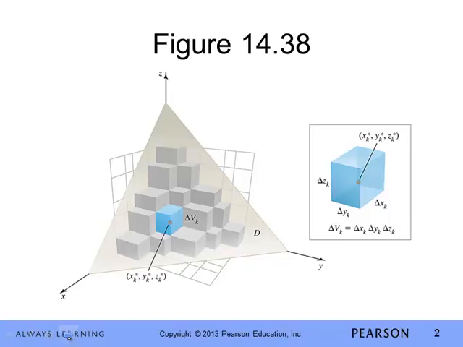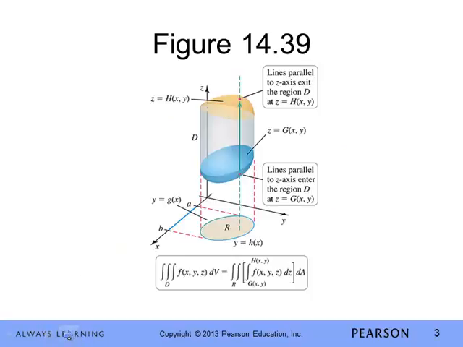It could be dy, dx, dz, or dz, dy, dx, or whatever. So your little tiny differential element in three dimensions is what we call the dV element, capital V, something involving the dx, the dy, and the dz.